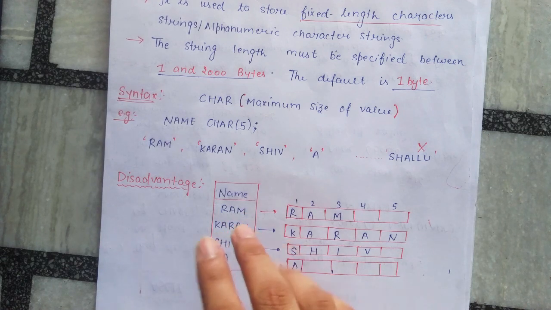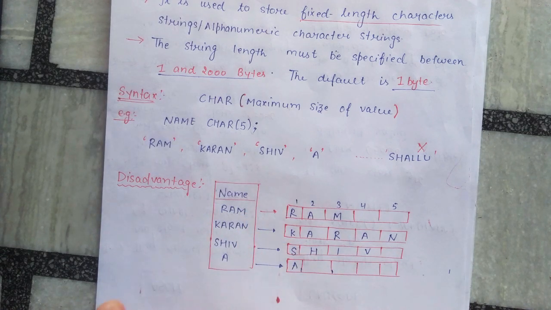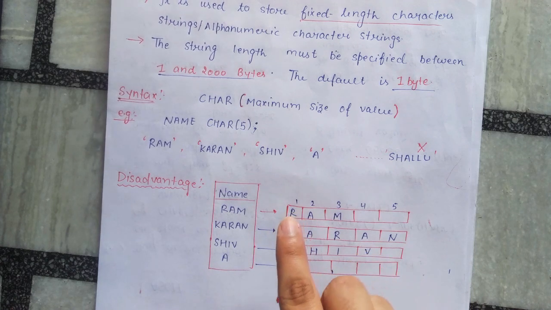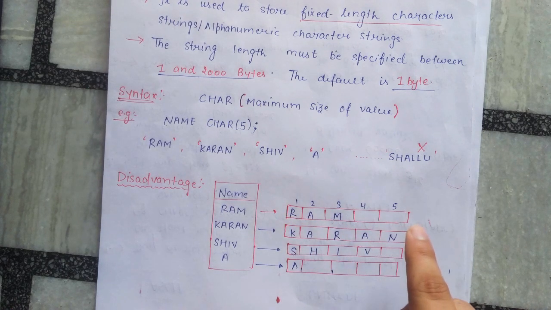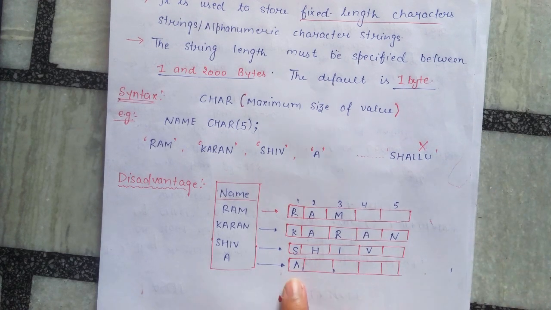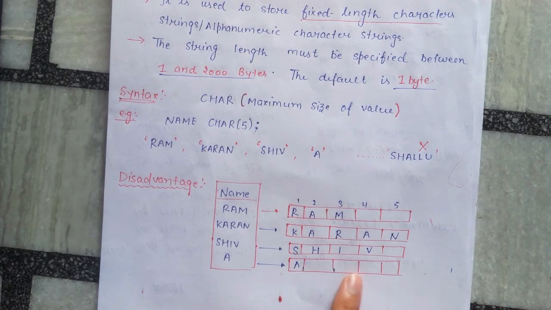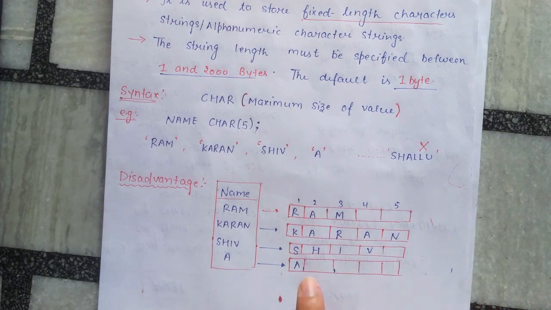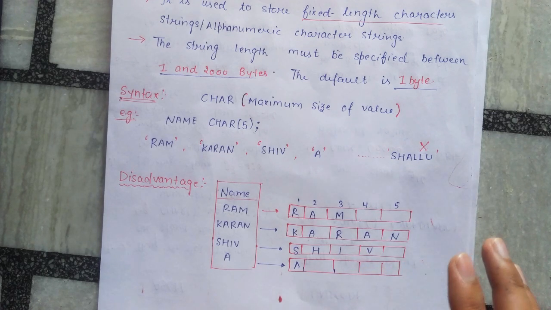Ram actually consists of only 3 bytes and could be stored in 3 bytes, but because it is a char data type, it will take 5 bytes in memory. So these two spaces are going to be wasted. Similarly, A is only 1 byte, but as it is a char data type, it will take 4 more, so 4 spaces are going to be wasted. This is the disadvantage of using char.